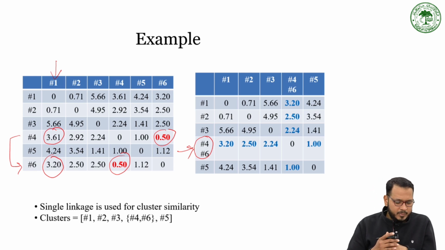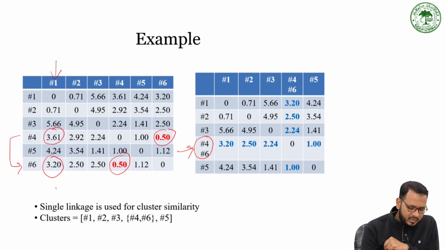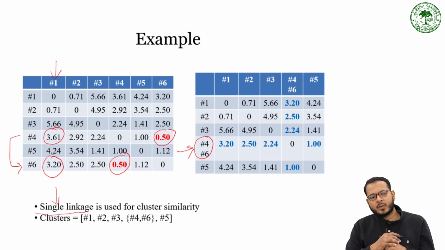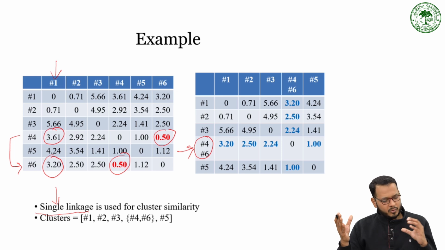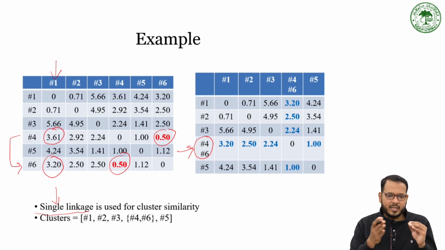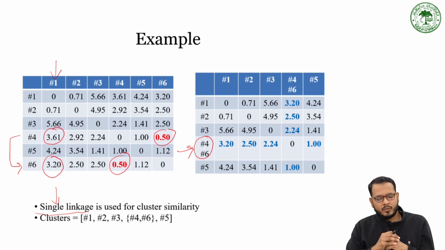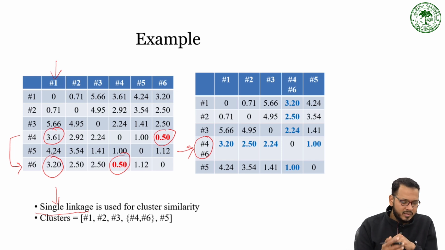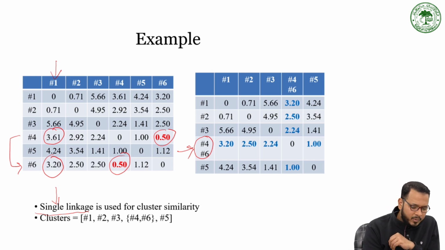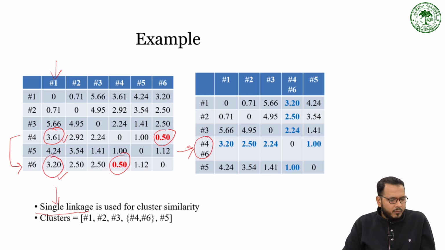For that, in this specific example, we are using the single linkage. That is, we will calculate the distance of 1 with the 4-6 cluster to which it is the nearest. So from this 4-6 cluster, 1 is 3.61 units away from 4 and 3.20 units away from 6.